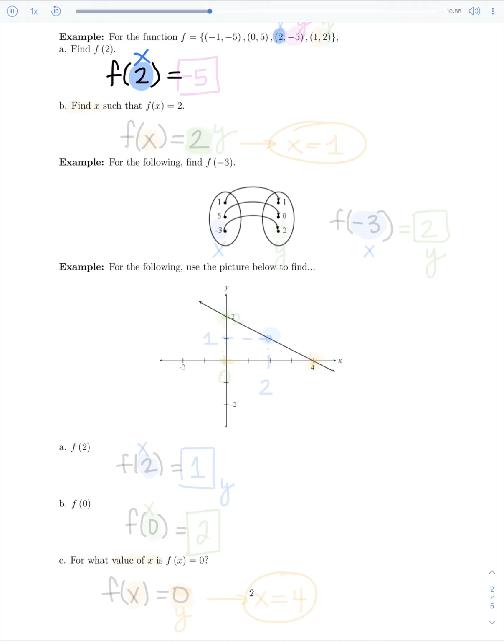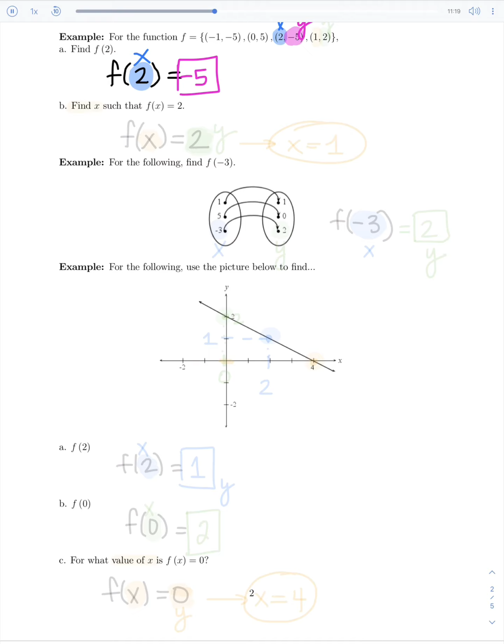Well, the only point with an x of 2 is this third point. So it's asking if my x is 2, then what's my y? What am I going to get out, and what will this be equal to, which will be our negative 5 will be what we get out for our y. So f of 2 equals negative 5, and that's my final answer.